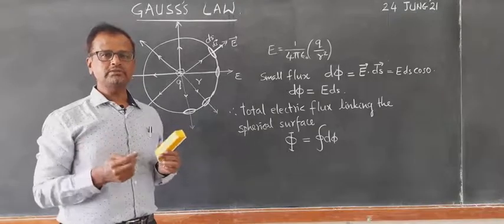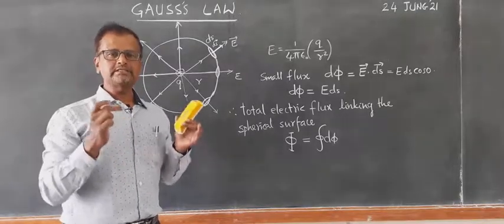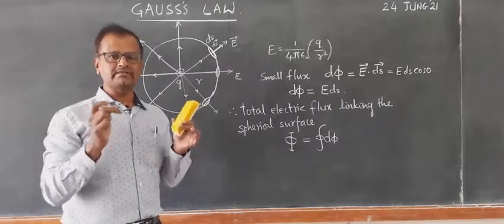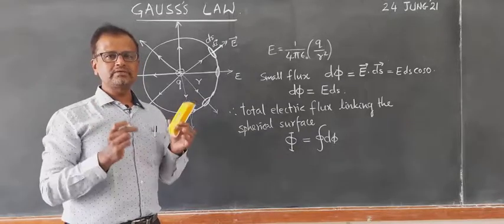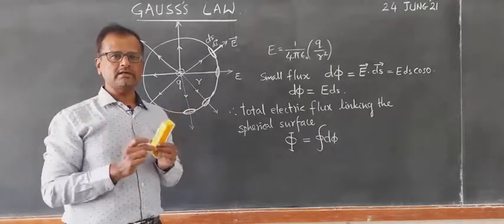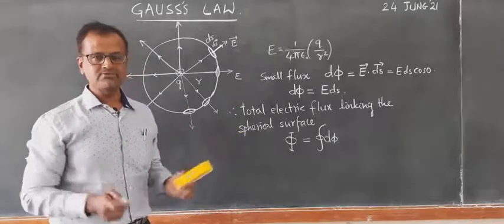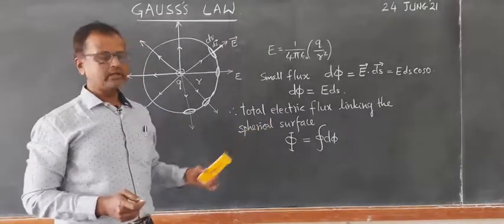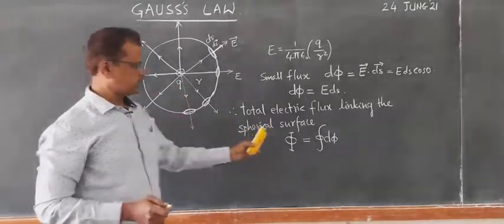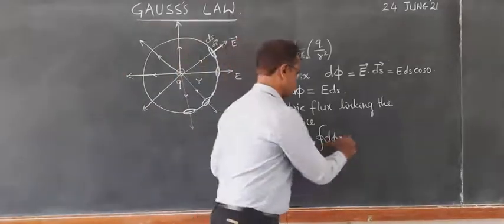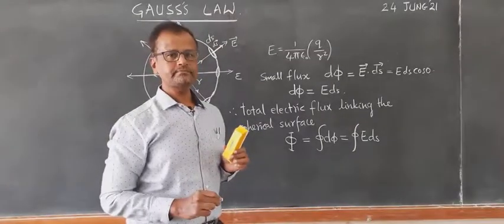Coulomb's law states the inverse square dependence on distance of the electric field as well as force. So that is what we are looking at. Now I can replace this d phi by E dot ds for the entire surface area.